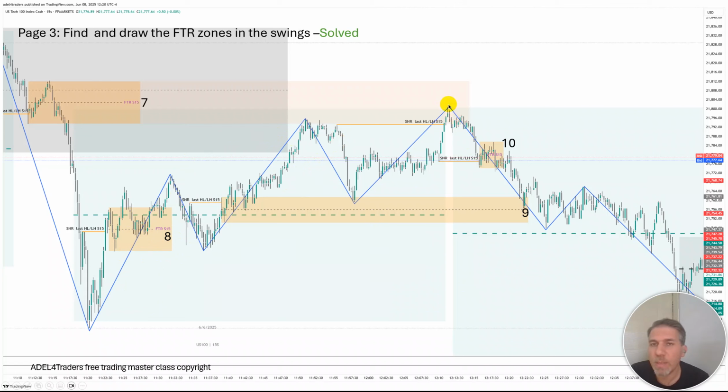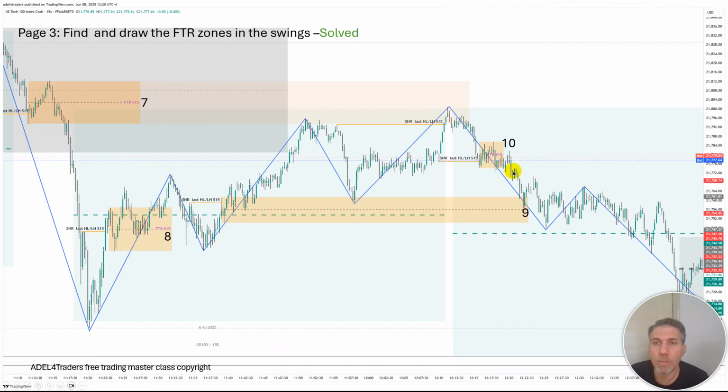So now this is the last higher high. This led to that one. So here we have this FTR. This is confirmation. This is the reaction to FTR. And later on, you could take a trade here or even here if you're an aggressive trader. And the higher the reversal where you take the trade, the higher your reward to risk is.